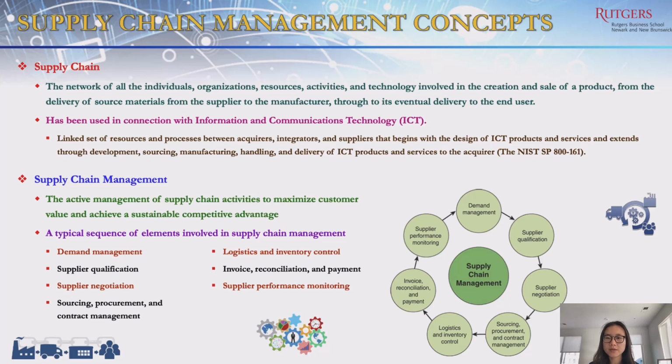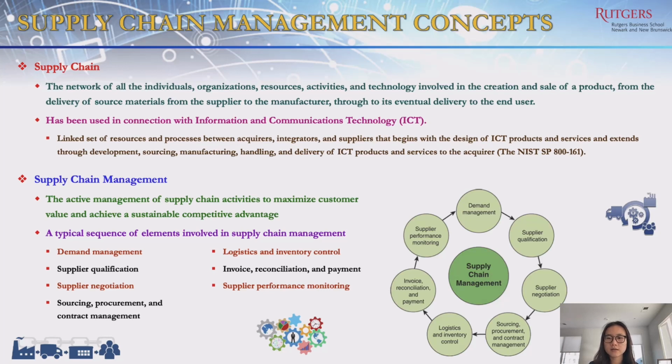The fifth element is logistics and inventory control. Logistics refers to the process of strategically managing the procurement, movement, and storage of materials, parts, and finished inventory. And inventory control is the tracking and accounting of procured materials.